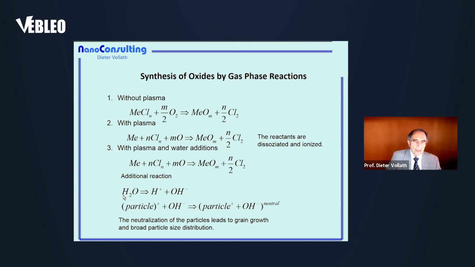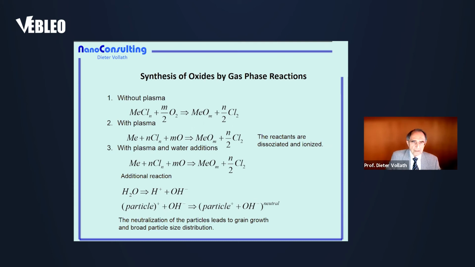However, the water molecules are dissociated to protons and hydroxide ions. As our particles carry positive charges, and this OH ion is a negative one, they will react with each other and form a neutral particle.